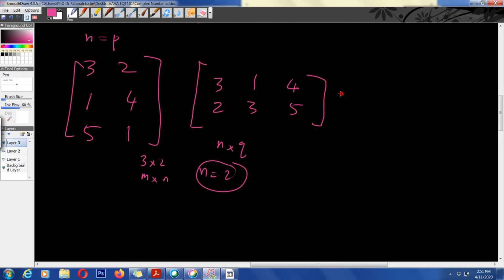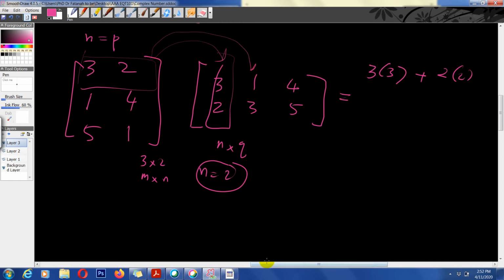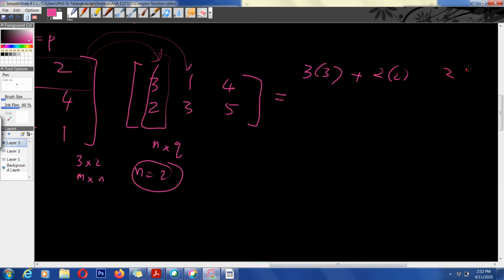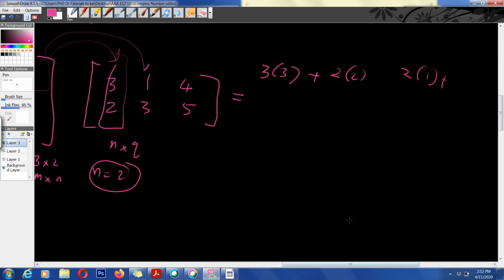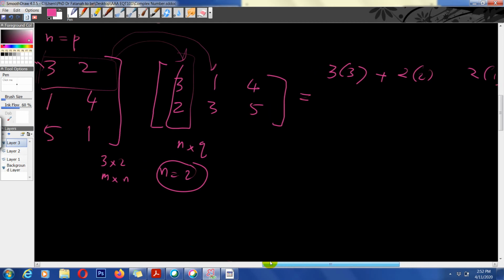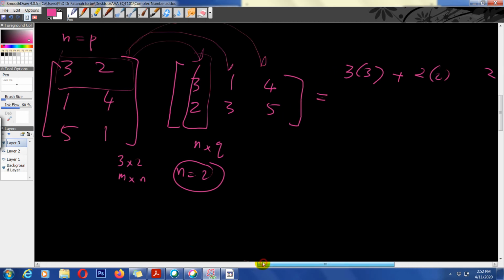In matrix multiplication, the process is that each row we multiply with each column. For example, we have 3 times 3 plus 2 times 2 first. Then another row will multiply with the first column and the second column. What we get is 2 times 1 plus 2 times 3, and then we have another column here, 3, 4.